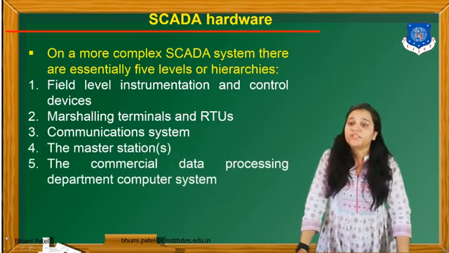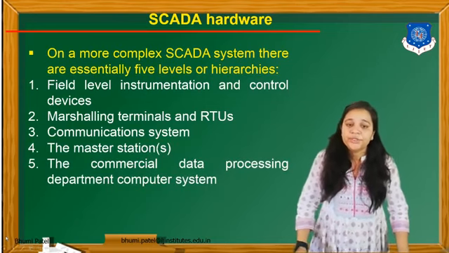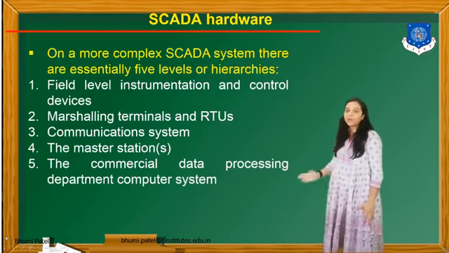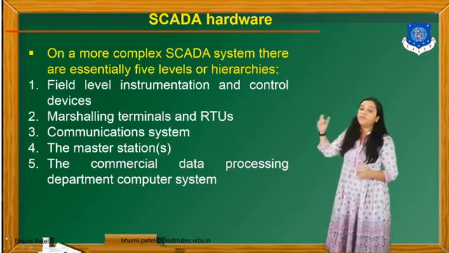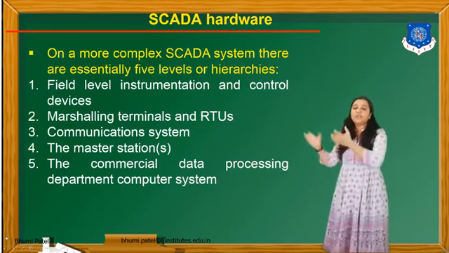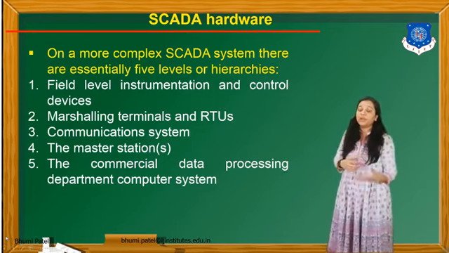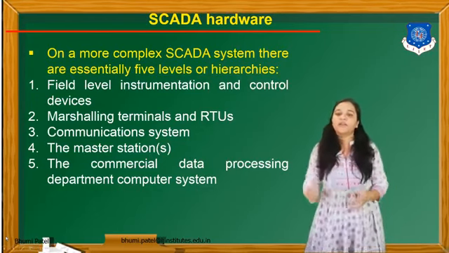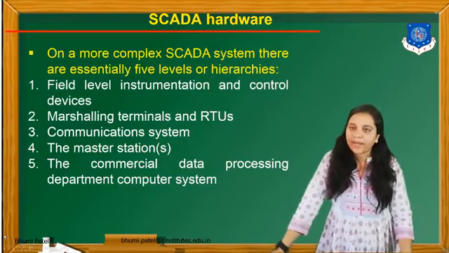And the fifth one is the commercial data processing department computer system. So whenever we deal with this SCADA hardware, the 5 levels are most important. First one is the field level, then the RTU, then the communication system between the field and the master computer, then the master station is required, and we require the data processing department.